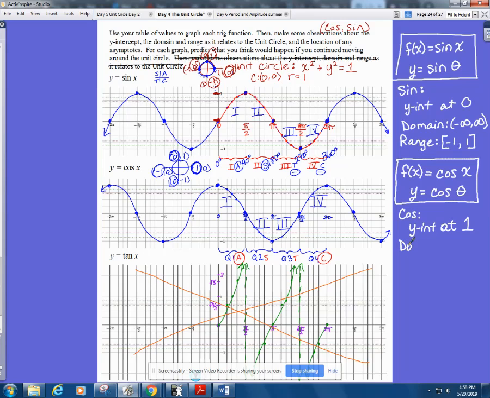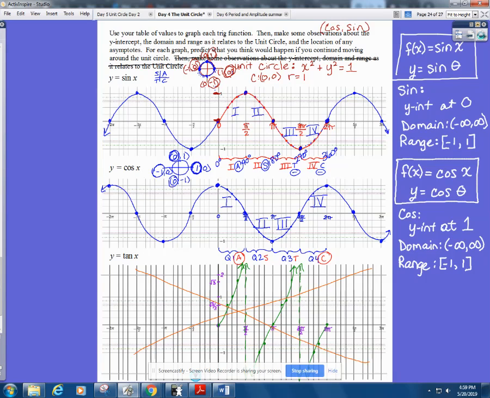The domain, again, left and right forever. And the range would be the same. So the highest point is 1, the very lowest point is -1, but we're going to write that -1 to 1, like that.